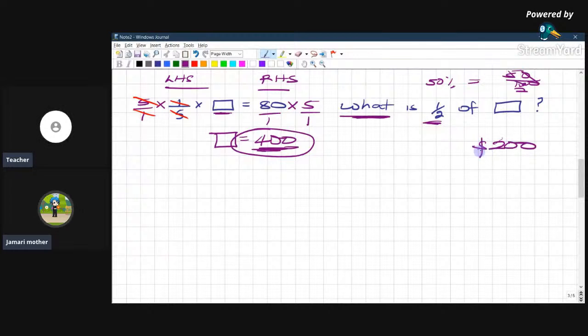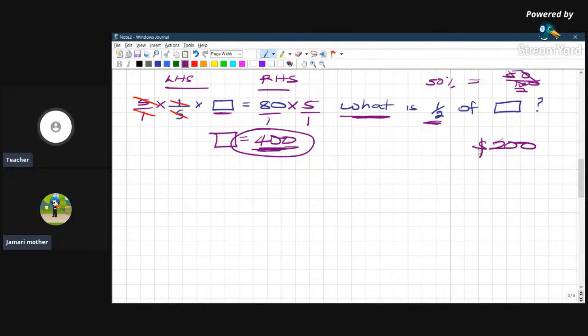$200. All right, so let's go over this again and see if we have this right. It says if 1/5 of my money is $80, what is 50% of my money? So again, we need to find the whole first, and then when we find the whole, then we find 50% of the whole.